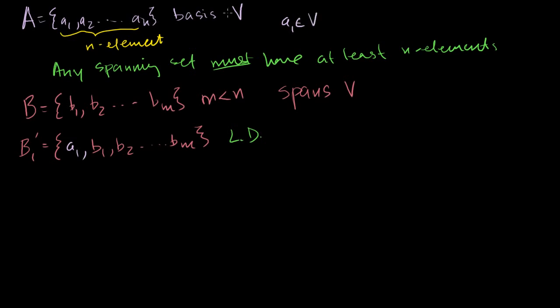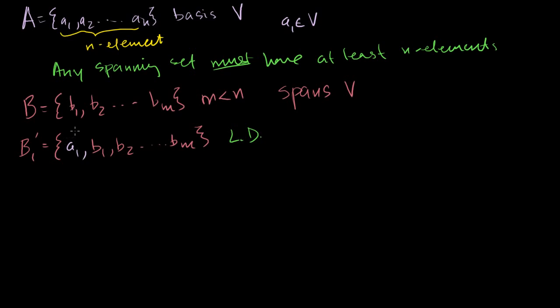If this set is a basis for V, then it spans V, so every member of V can be represented as a linear combination of these guys. Or another way: every linear combination of these guys is in V. And one of those linear combinations is you just set the coefficient on a1 to be 1 and the coefficients on everyone else to be 0. So obviously a1 is also in the set.